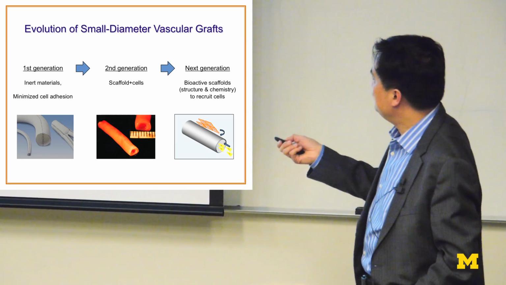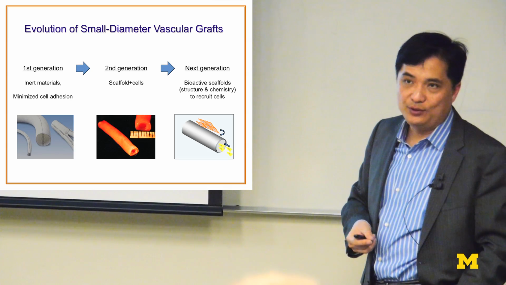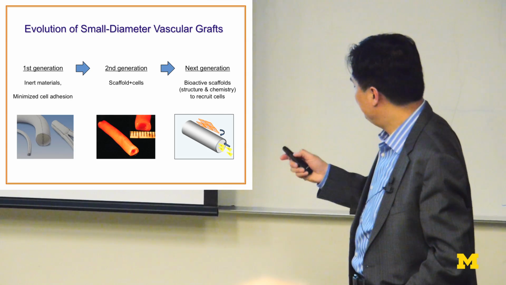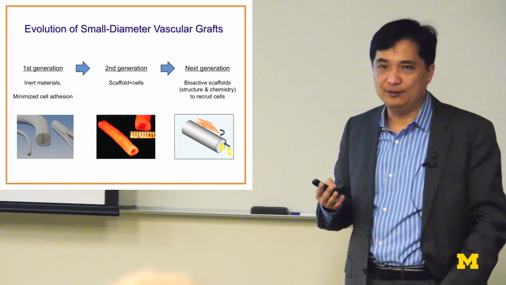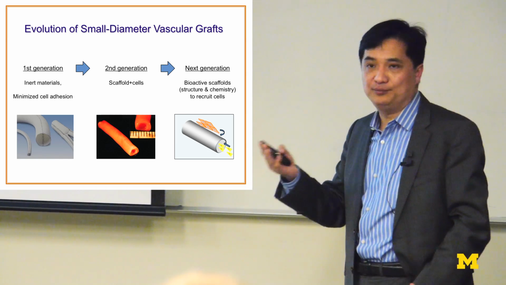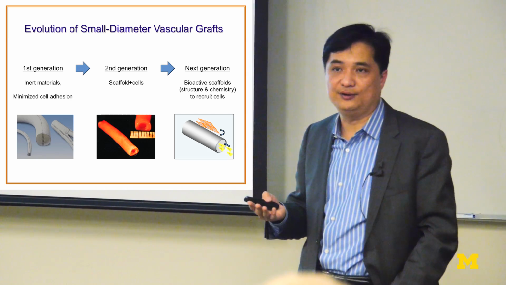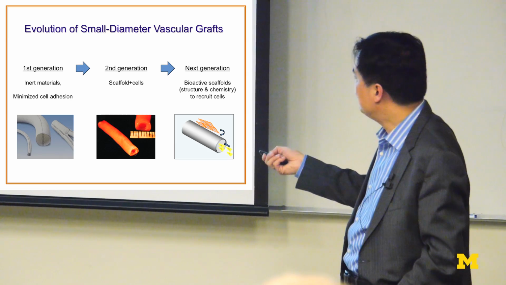The second generation, which is the tissue engineering approach, is the cell-seeded graft, and this has a very good biocompatibility, but it will take weeks to make in vitro. And it's very expensive. It may take $20,000 to $30,000 to make one graft, customized for patients.